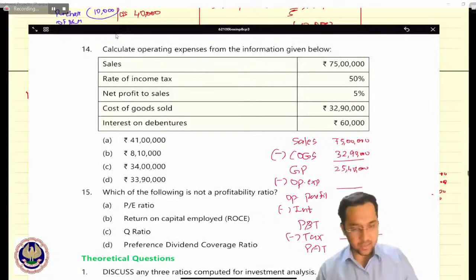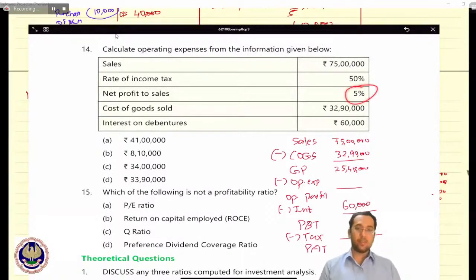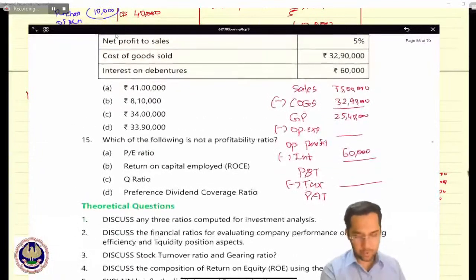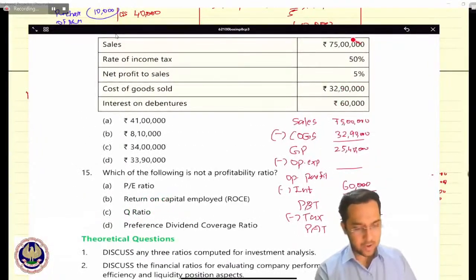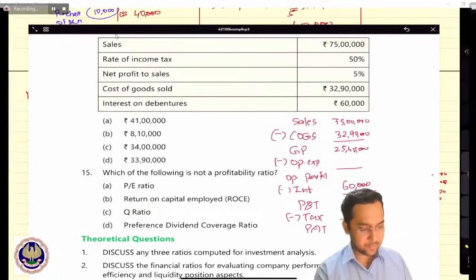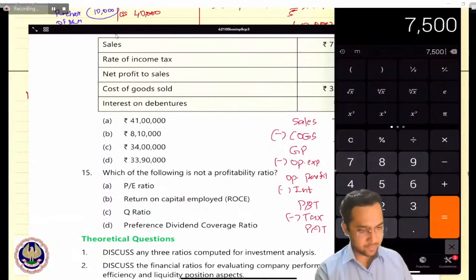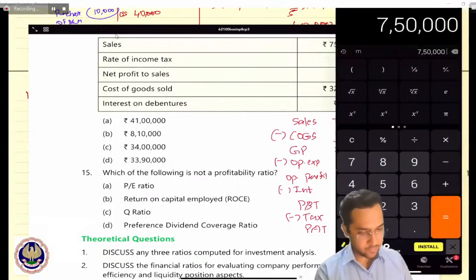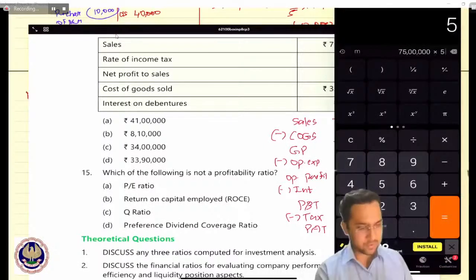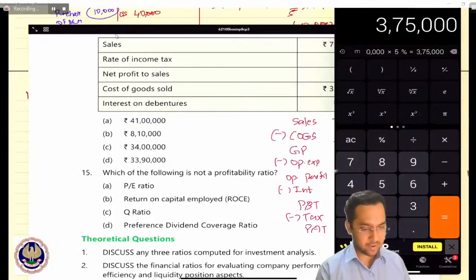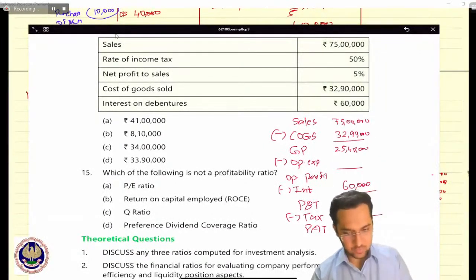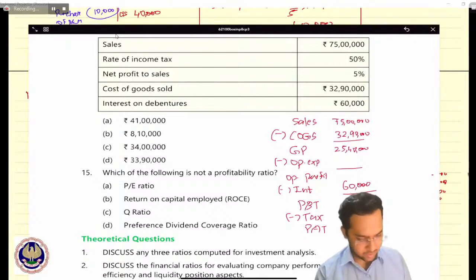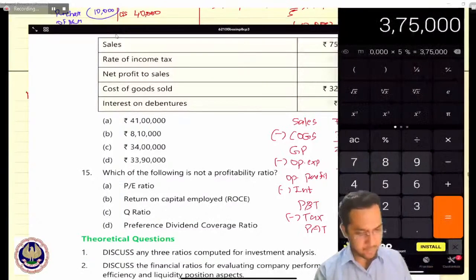Net profit to sales is given as 5%, so profit after tax will be 75 lakh into 5%, which is 3,75,000.